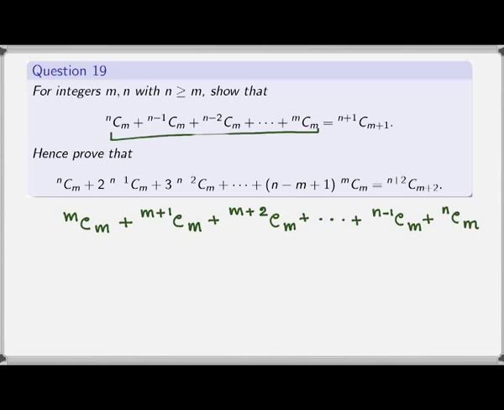Now note that we can write mCm as m plus 1 Cm plus 1. Therefore, from these two terms we get m plus 2 Cm plus 1, and then the next term is m plus 2 Cm.